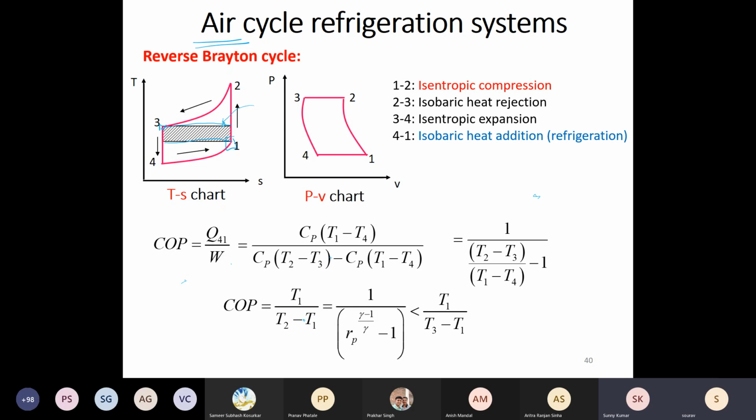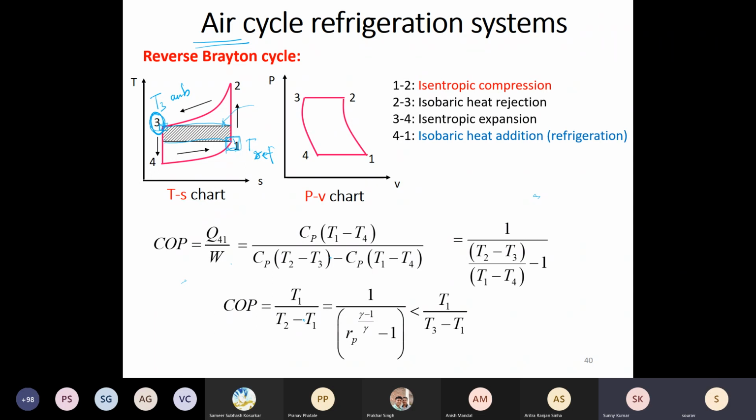T3 being the ambient temperature and T1 being the temperature that you maintain in your refrigerated space. So let's say you want to cool the air till T1.